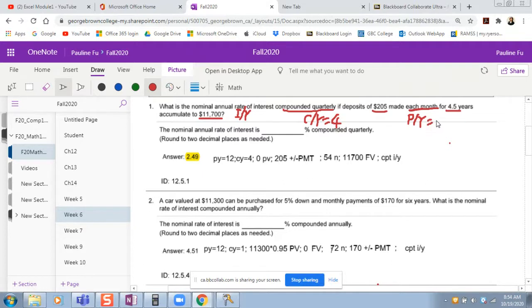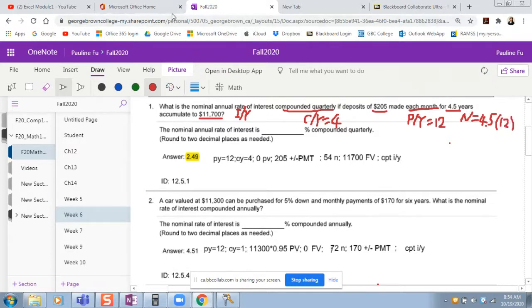By definition, PY represents in a year how many deposits you made. PY equal to 12. For 4.5 years, term N equal to 4.5 times 12.